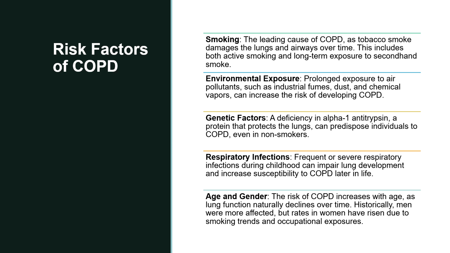As you get older, when an individual is over the age of 40, they are more likely to develop COPD. In the past it was more prevalent in men, but now it affects women at similar rates due to changing smoking patterns and environmental exposures. So these are some of the risk factors of COPD. You should certainly avoid the ones you can, and some you can't, and that's life. That's how it works.